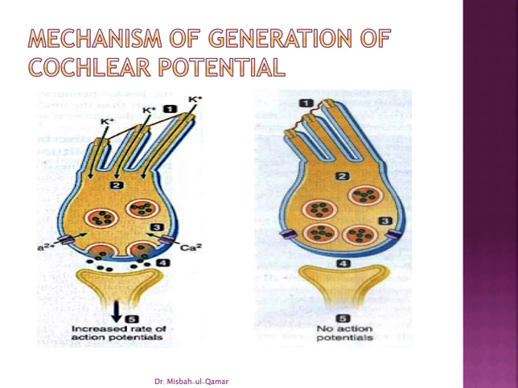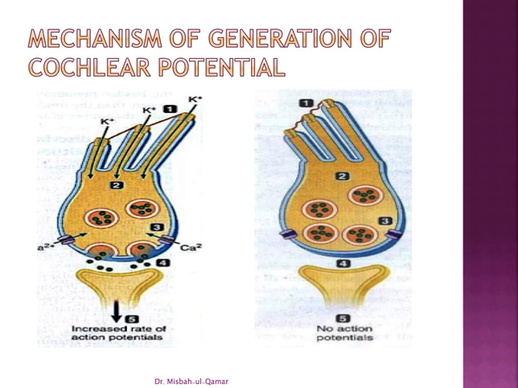Now the depolarization of the hair cell opens the voltage gated calcium channels here. Now this calcium ion entry causes a greater release of the neurotransmitter because they push the neurotransmitter vesicles towards the prejunctional membrane. They fuse with this prejunctional membrane and then they release the neurotransmitter in the synaptic cleft.